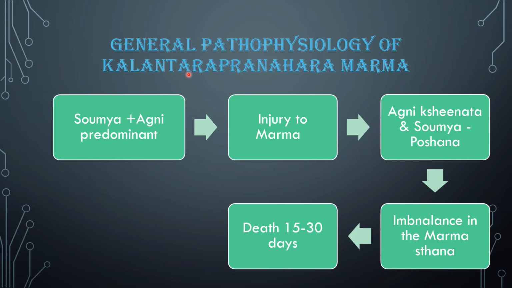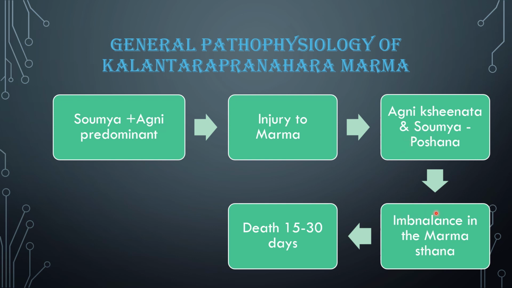Now the general pathophysiology of the Kalantara Pranahara Marma. Here the Kalantara Pranahara Marma has Saumya as well as Agni Mahabhuta Pradhanata. Here Saumya means we can consider it as the Jala Mahabhuta. If any injury occurs to these Marmas, there will be Agni Kshaya as well as Saumya Kshaya or Somaguna Kshaya.